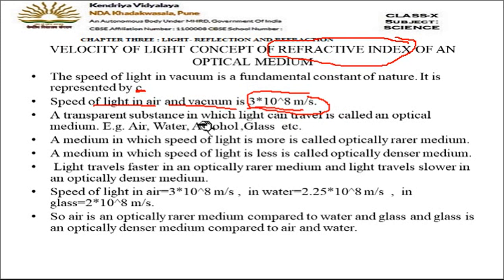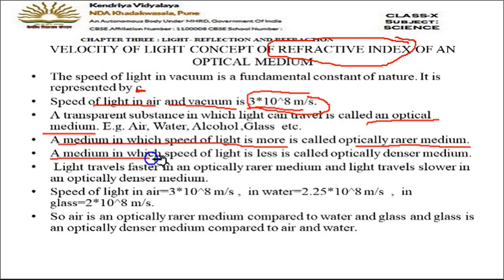A transparent medium through which light passes completely, through which light can travel, is called an optical medium. Now, these definitions you have to learn. A medium in which the speed of light is more is called an optically rarer medium, a lighter medium.